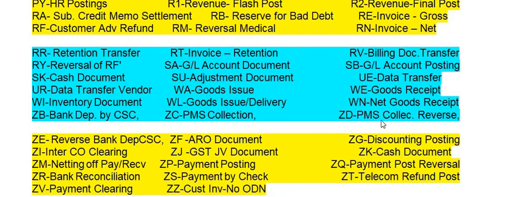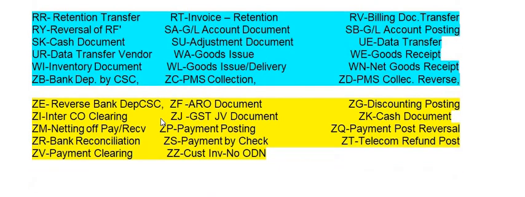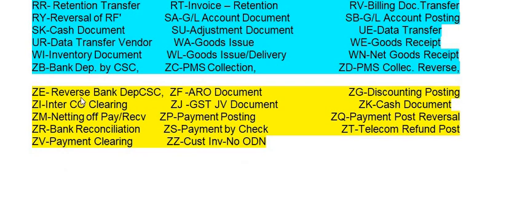ZB, ZC, and ZD documents: PMS collection reversal document, PMS collection, bank depreciation by CSC. ZD is a reverse bank depreciation CSC, ZF is ARO document, ZG is a discounting posting document, ZI is an inter-company clearing document.